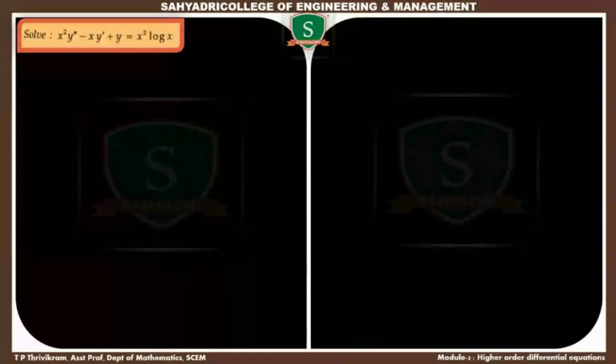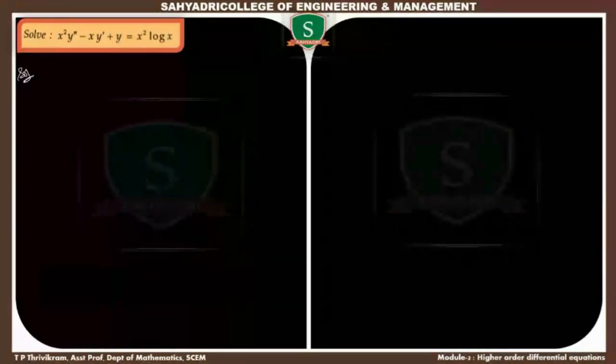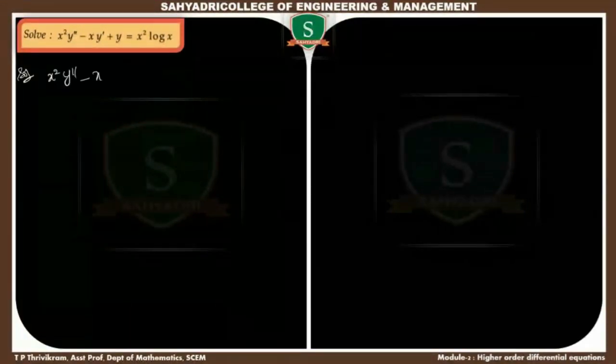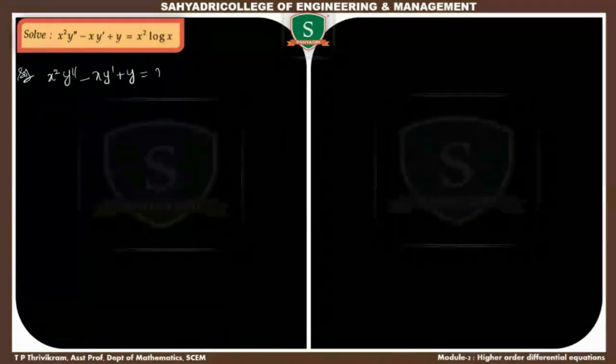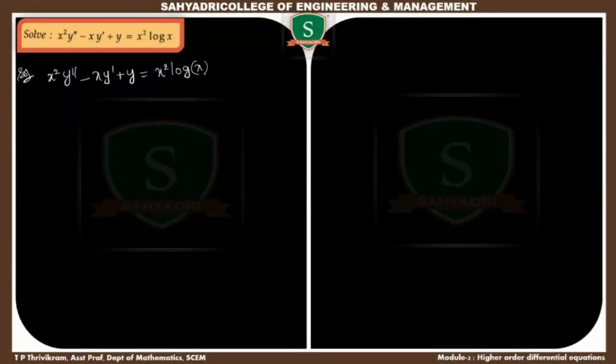I think this is also very easy. It is of Cauchy's equation only. x square y double dash minus xy dash plus y is equal to x square log x. So we'll take substitutions: x square y double dash, second derivative, means D into D minus 1 into y.